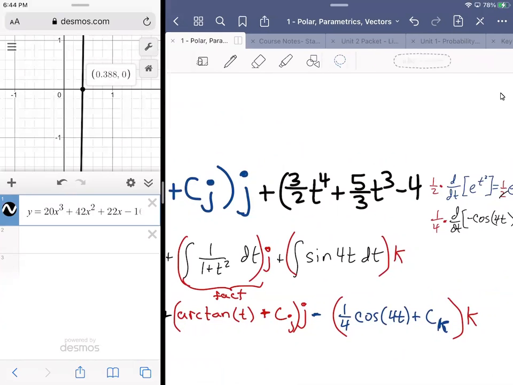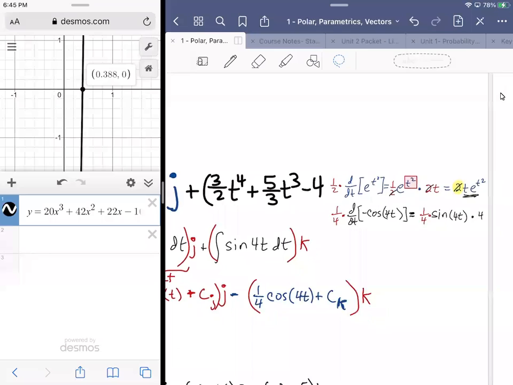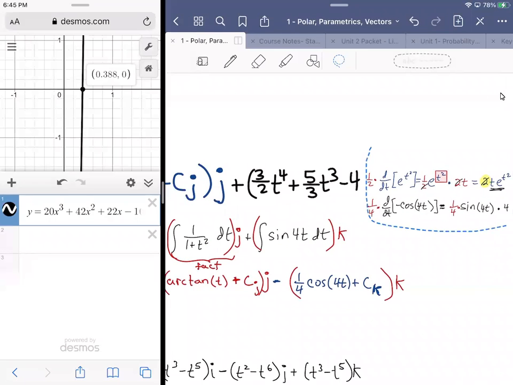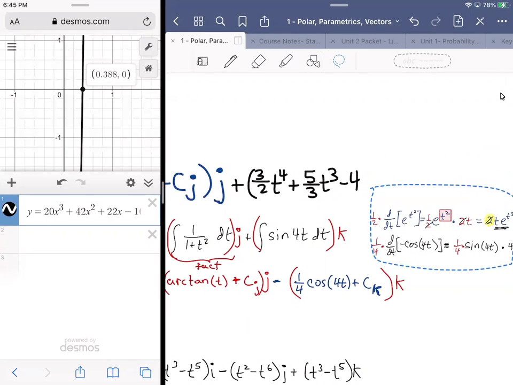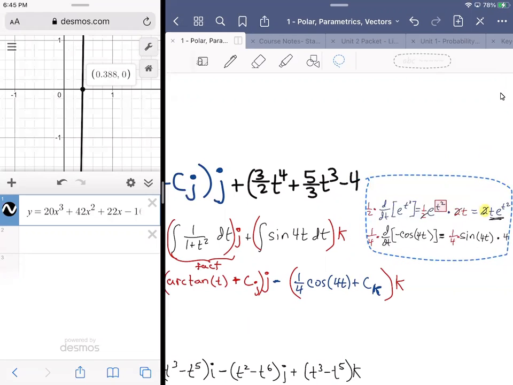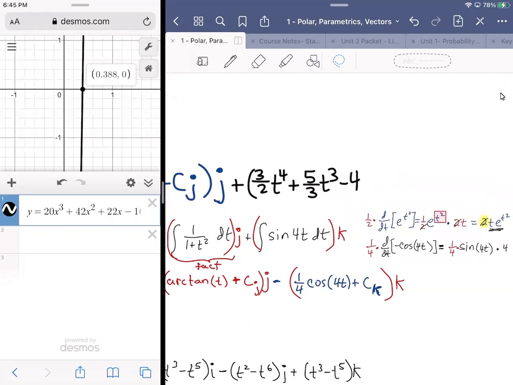I'll move this down here before I can write the rest. We'll just box that in so it makes it a little bit more obvious what that's referring to.